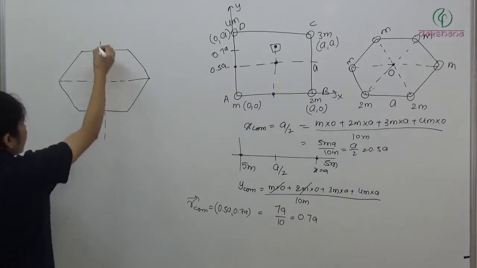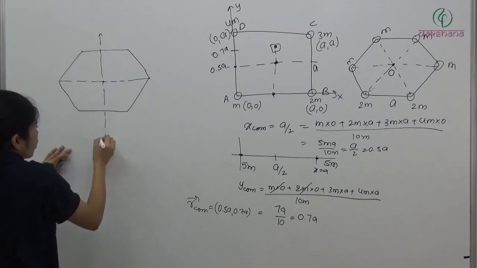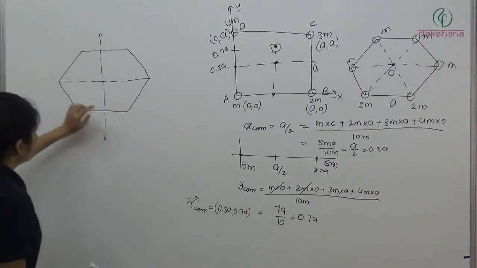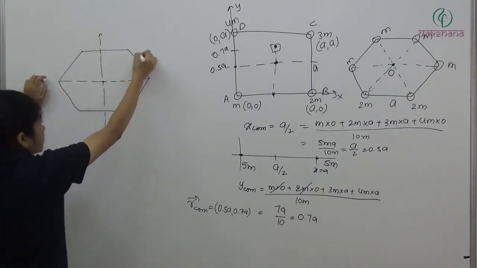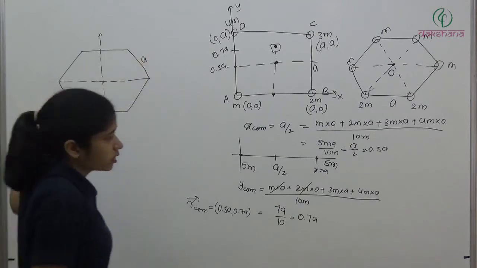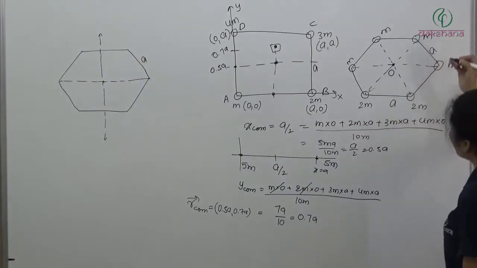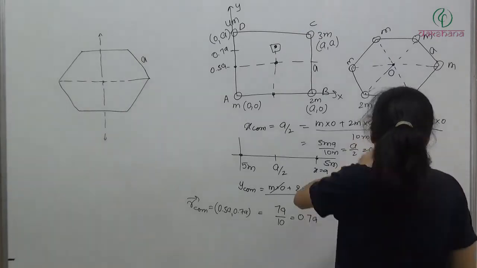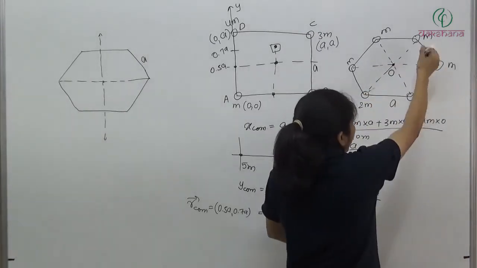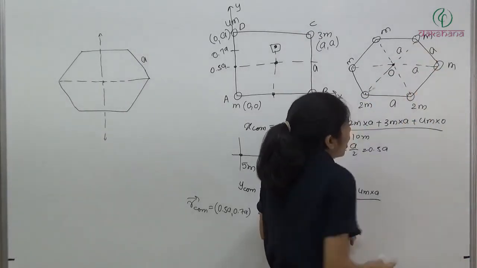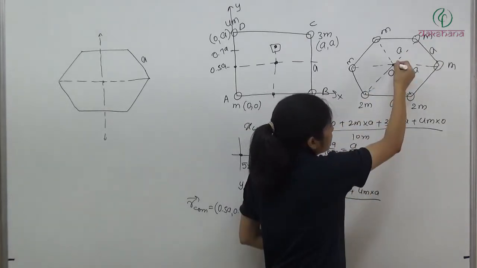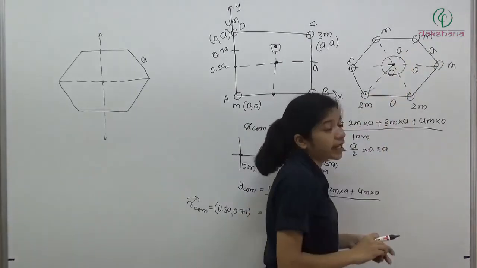Clear? Now I will have to find the location of the different masses. This length of the hexagon is A. In the hexagon, here we have A and these sides are also A. How? We are dividing these 360 degrees into 6 parts.